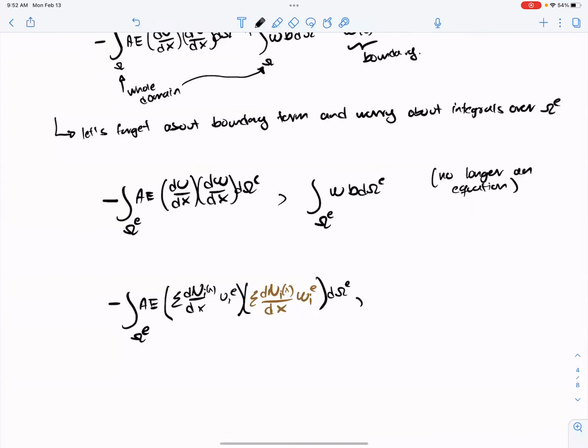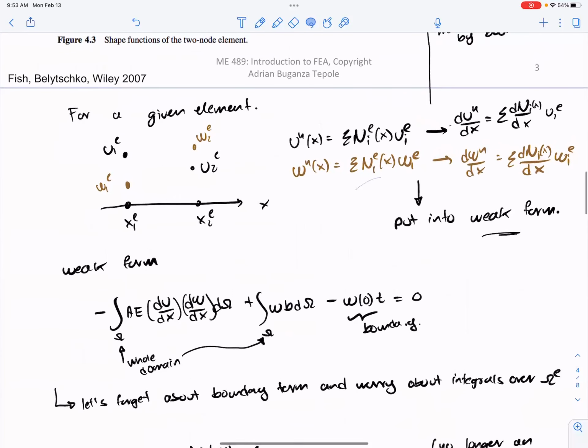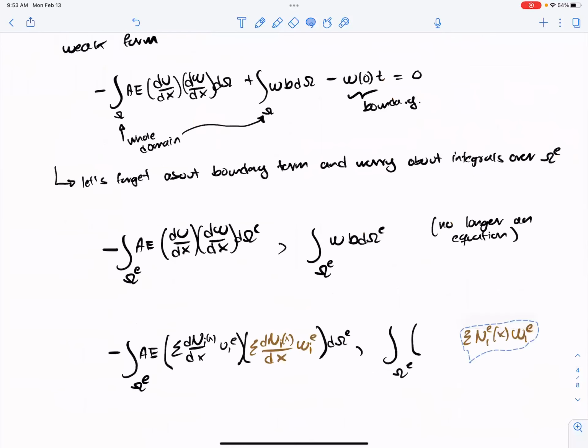That's one. For the other one, instead of w, I am going to put what w is: the sum of the shape functions times the nodal values, times b, which could be a function of x, d omega e.